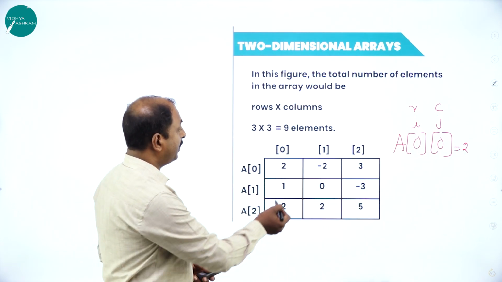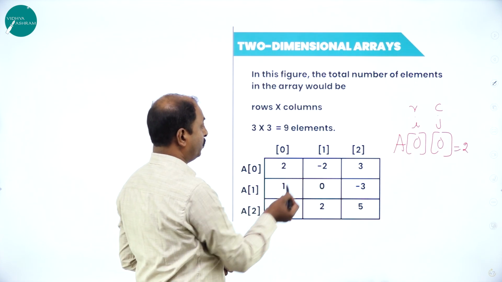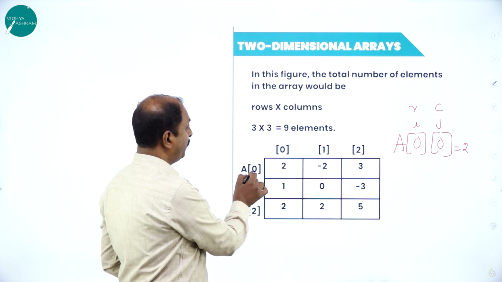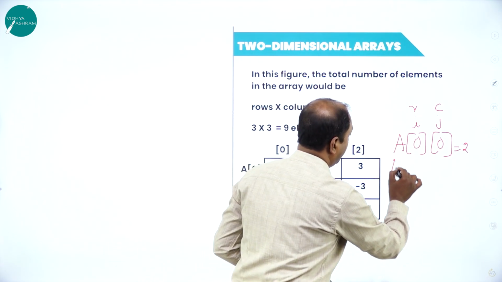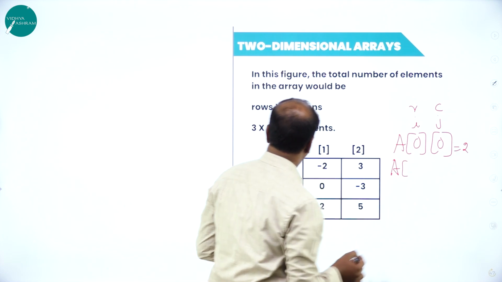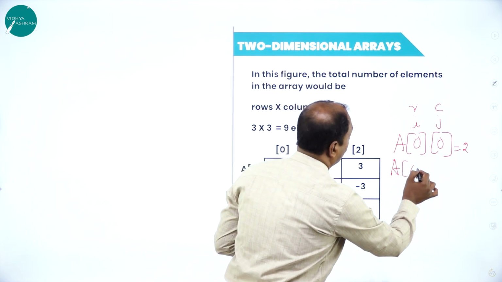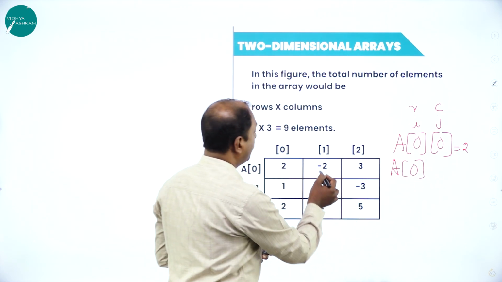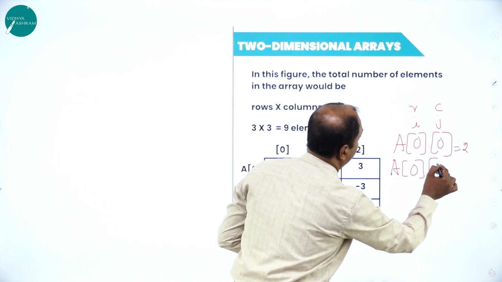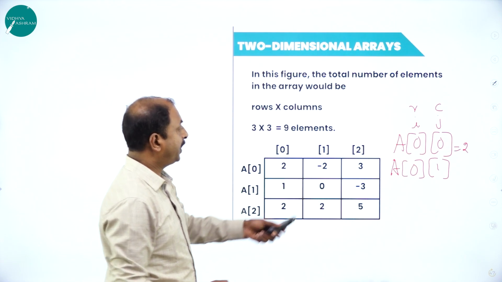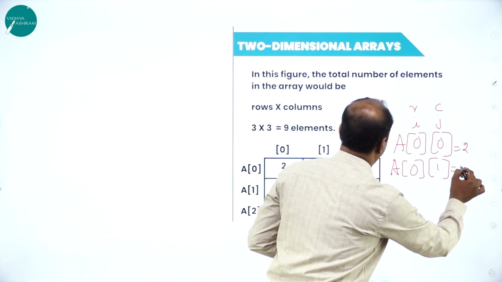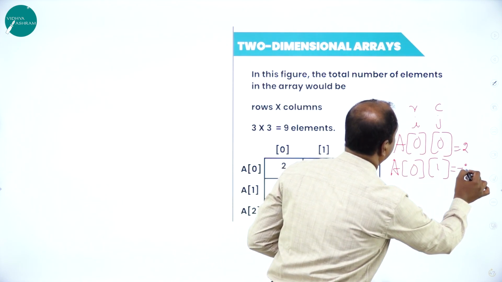Similarly, the element minus 2 is A of 0, 1. So we write A of 0 for the row, and the column is 1. So A of 0 and 1 represents the data item minus 2.